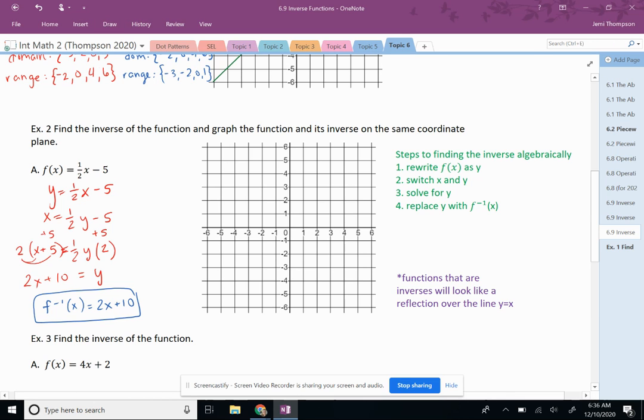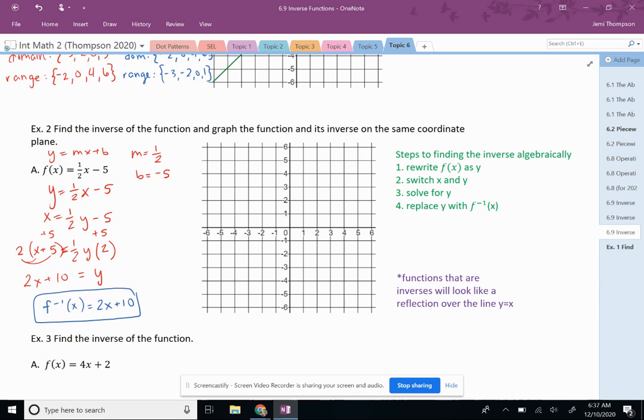So when graphing, this linear function is in slope-intercept form, so y equals mx plus b, where m is my slope, and in this case, it's my rise over run is 1/2, and b is the y-intercept, which is going to be -5.